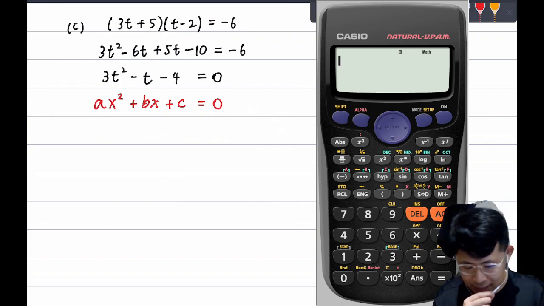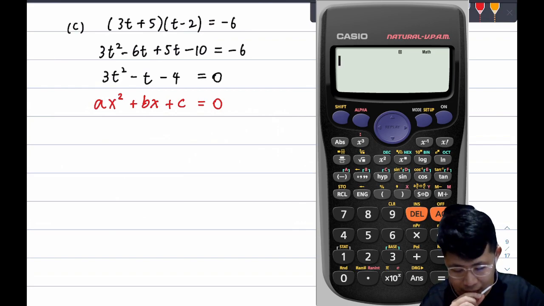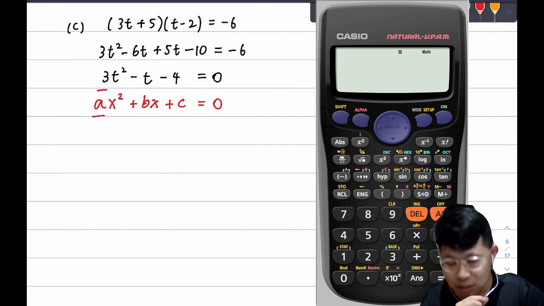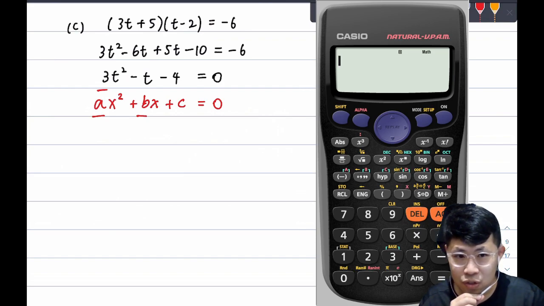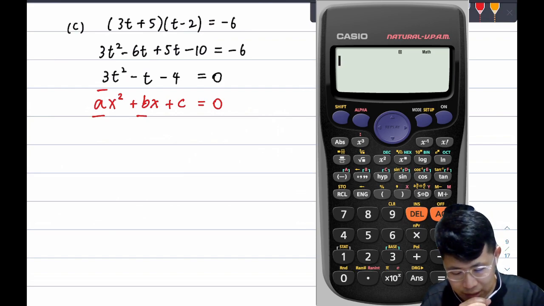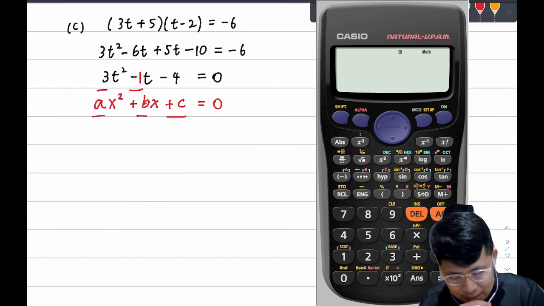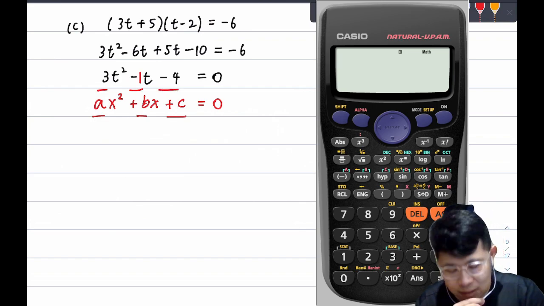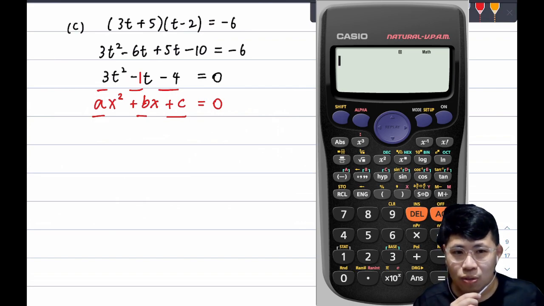What I want you to observe is this: the numbers for a, b, c are very important. a is the coefficient of the square term, so a would be 3 for this question. b is the coefficient of the x term, the term with power 1, so the negative 1 will be our b. And last but not least, c is our constant term, which is negative 4 over here.